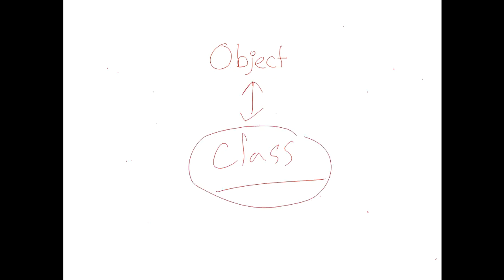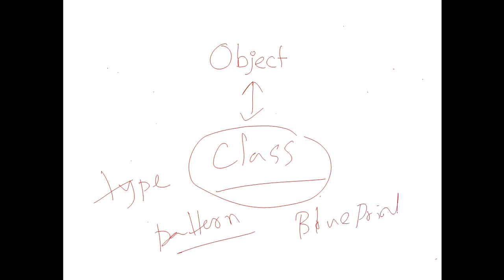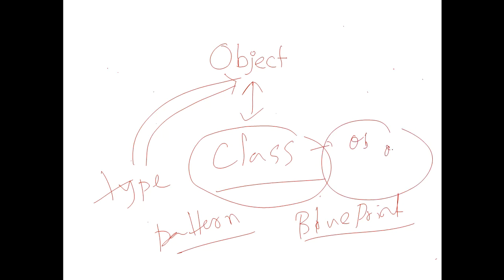So besides object, another concept is called class. Class is actually the type, or the pattern, or the blueprint from which the object is created, from which the object arrives.